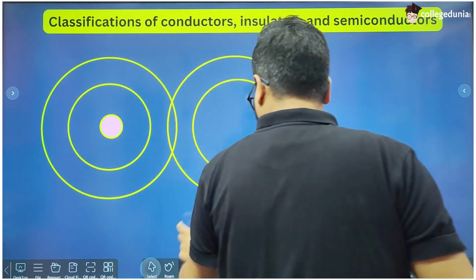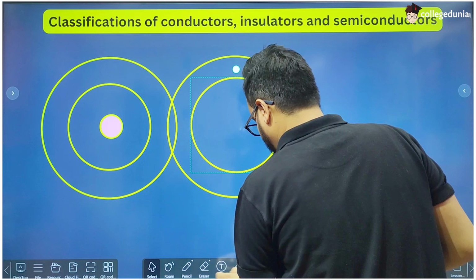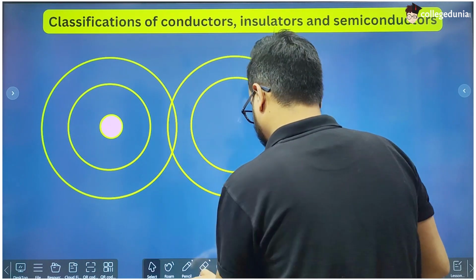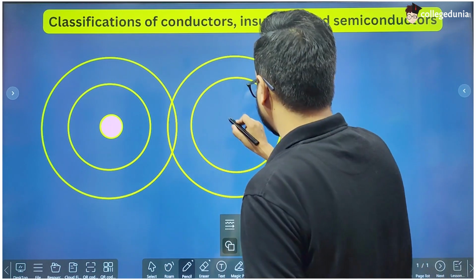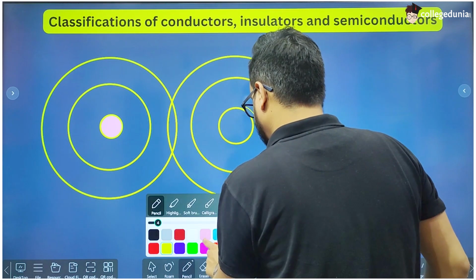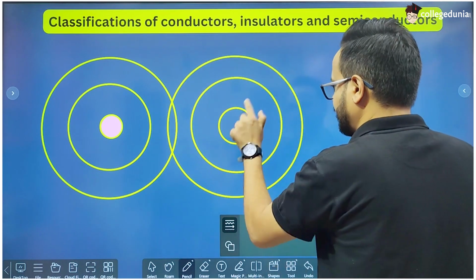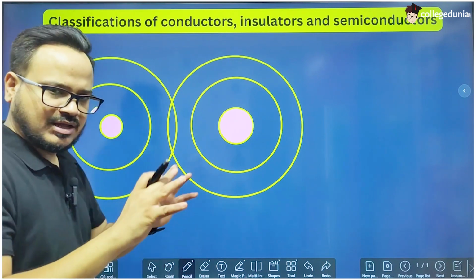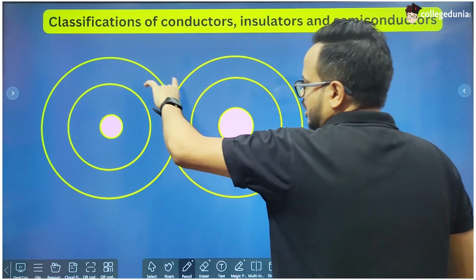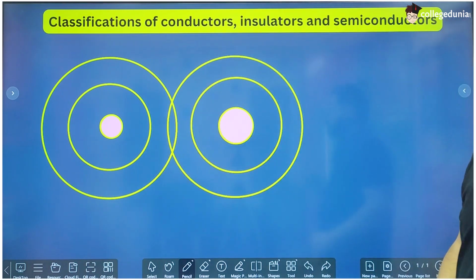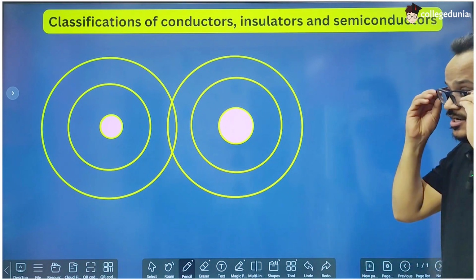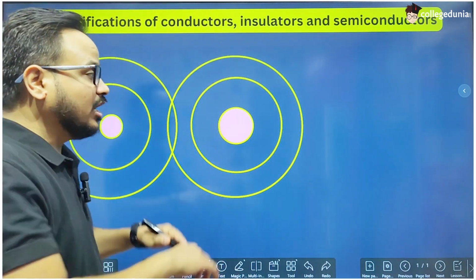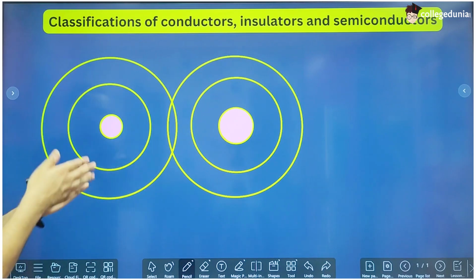So let us look at the second atom. This is the nucleus of the second atom. The nuclei of both these atoms are clearly separated from each other and the first shell is also not overlapping, but the second shell, which is the outermost shell, or the third shell, whatever the outermost shell is, the outermost shells of the atoms are going into each other.